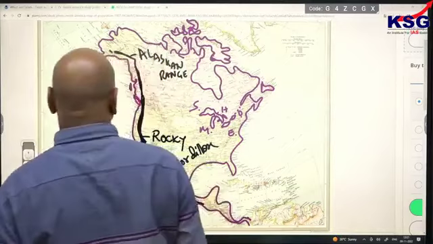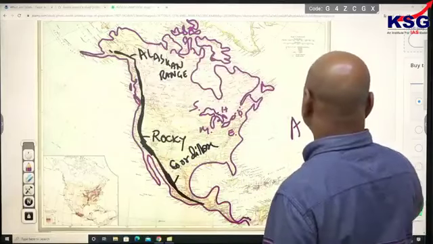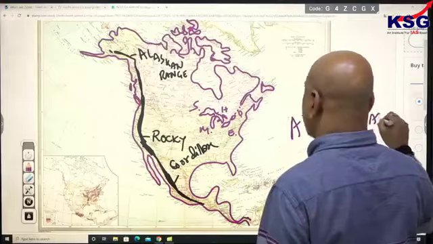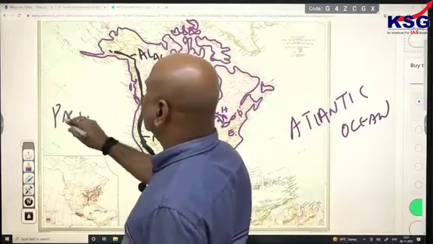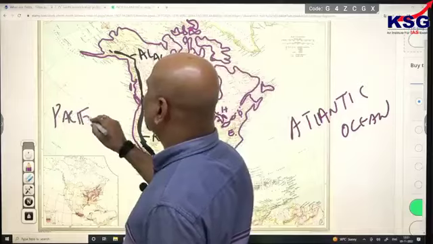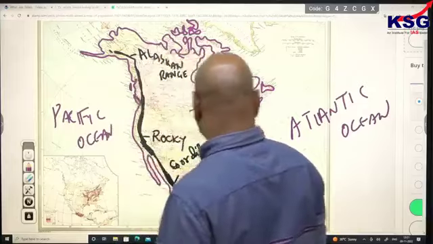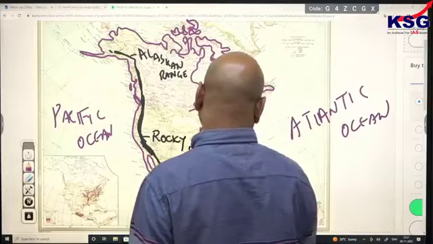अब देखिए, this side you have Atlantic Ocean, you know, Atlantic Ocean. Here you have the Pacific Ocean. Here it is known as the Gulf of Mexico.